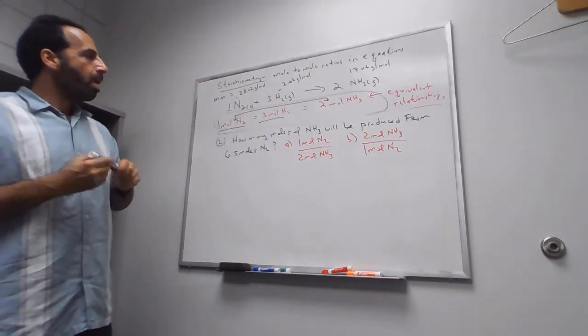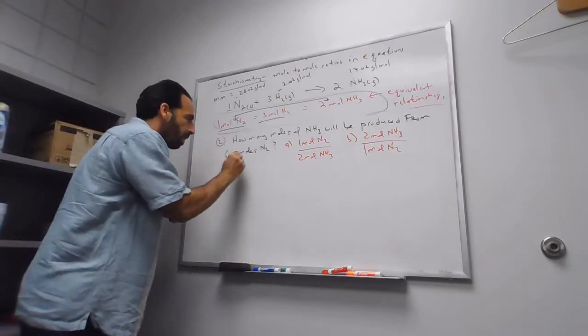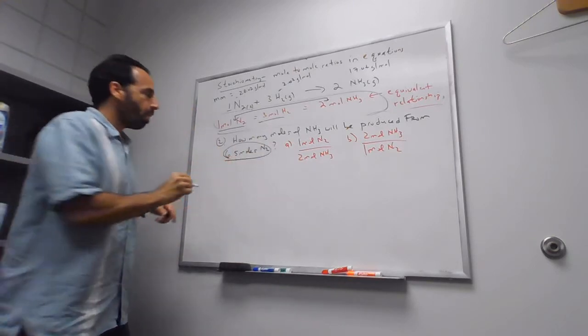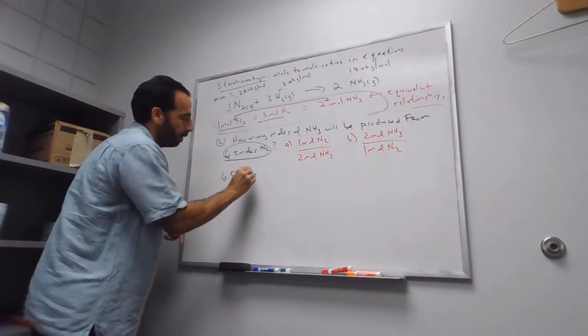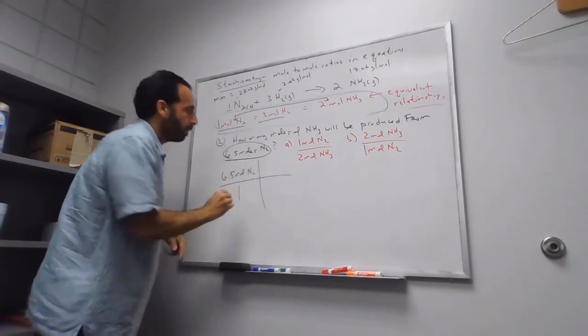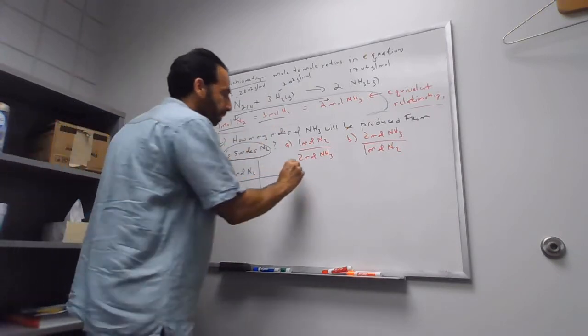So to do this now, I write down what I start off with. Again, it's always the one in the original problem. I need to end up with moles of ammonia.